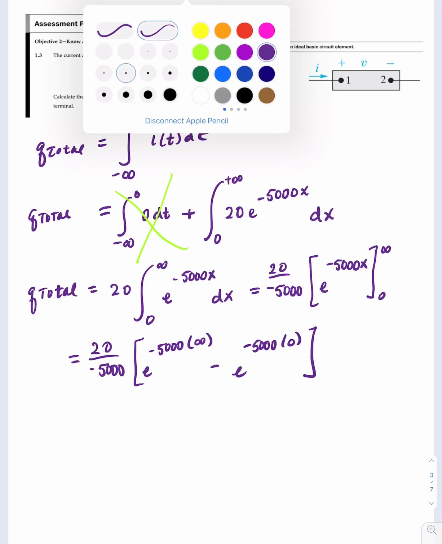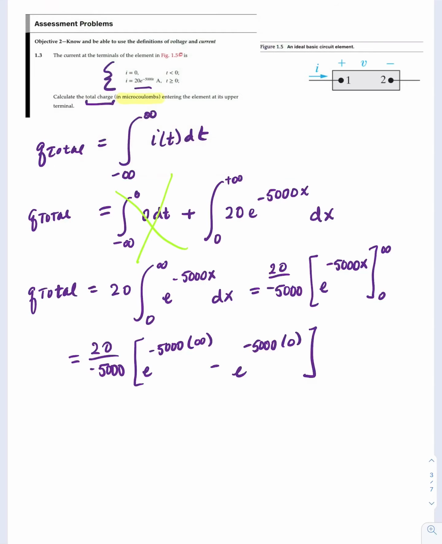And we know that e to the minus infinity is approximately 0, and e to the minus 0 is 1.